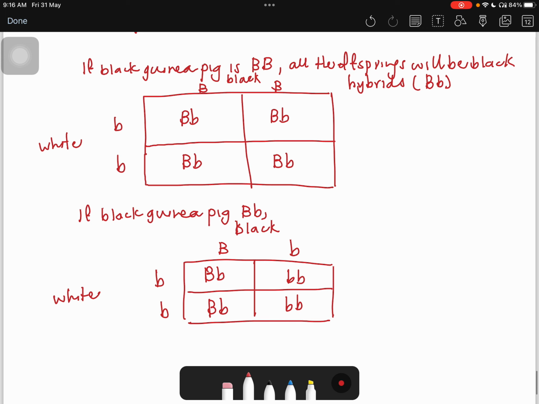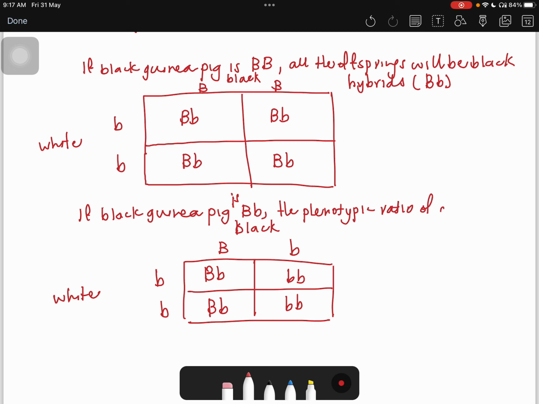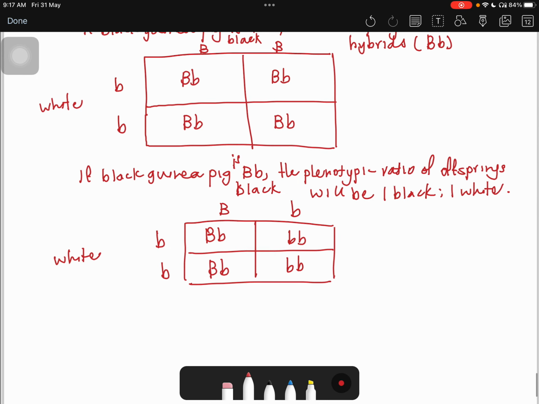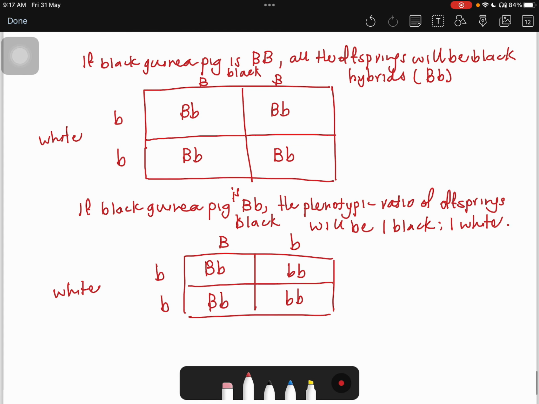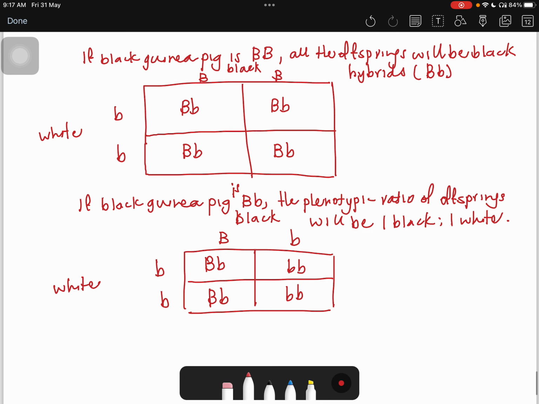So if the black guinea pig is heterozygous, the phenotypic ratio of offspring will be 1 black to 1 white. This is how we determine the genotype of a dominant trait using a test cross. I hope this is clear.